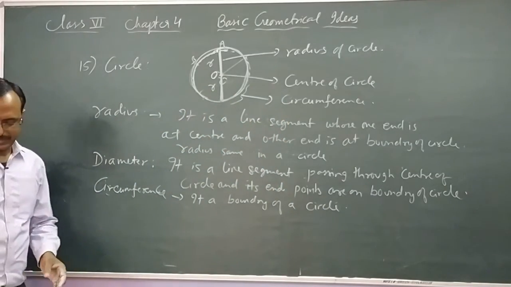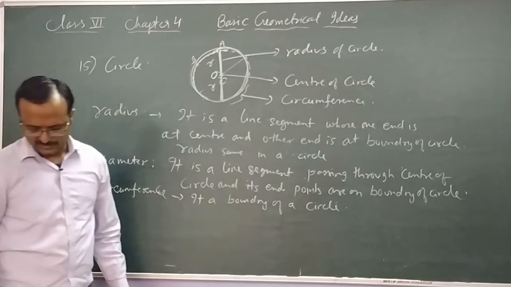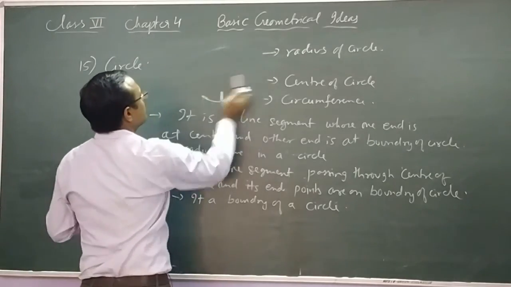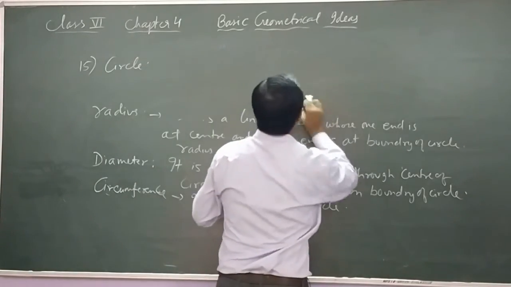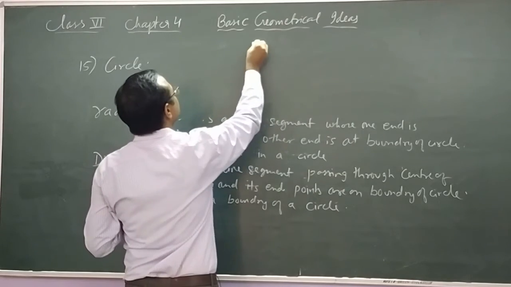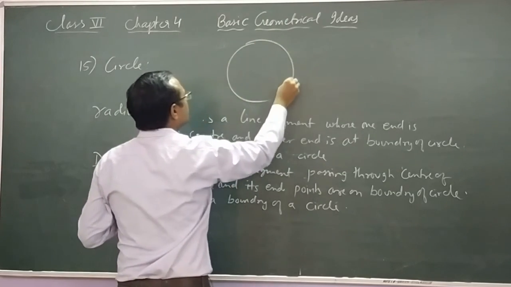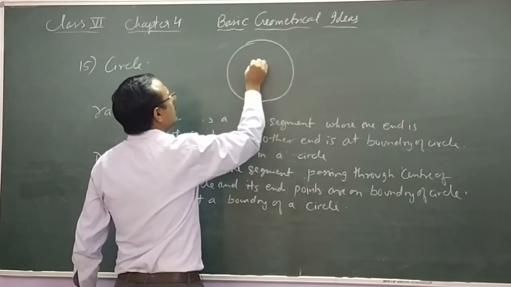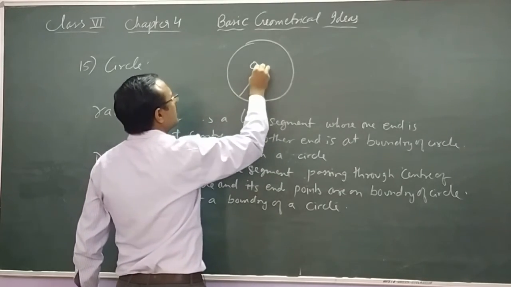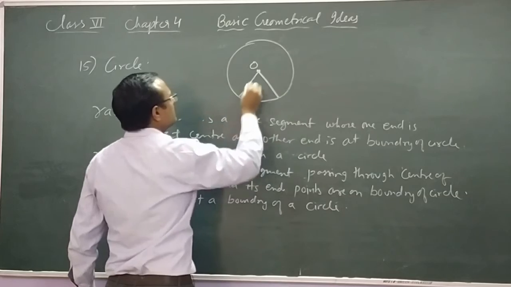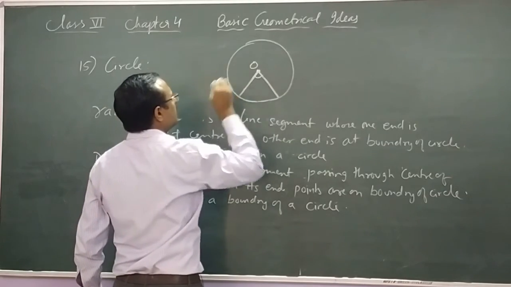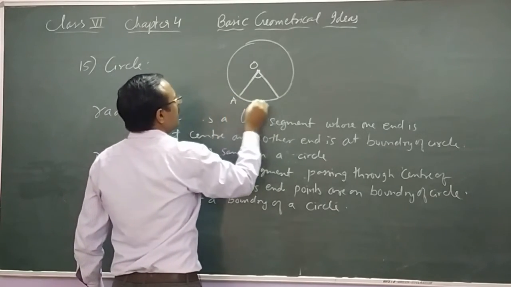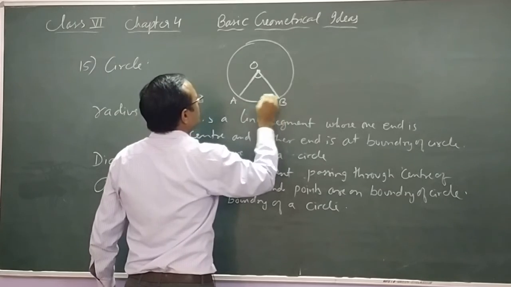Now coming to the next concept of the circle, that is sector. What do you mean by the sector of the circle? See here, if I join the center point O of a circle with the boundary containing two radius like this, making some angle in between them. Now the points A and B are on the boundary of the circle.